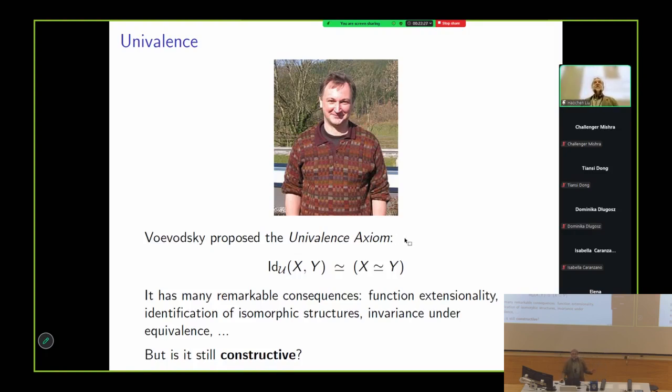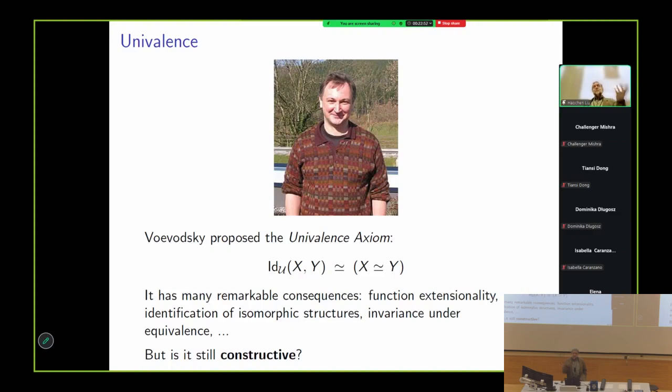Very powerful principle. But what about that constructive character that I told you about in the beginning? We haven't said anything about that. Doesn't putting in new axioms spoil the constructivity of the system? So there was a conjecture at the time, I'm talking about 15 years ago, that this principle is still constructive, that it preserves the constructive character of the system.